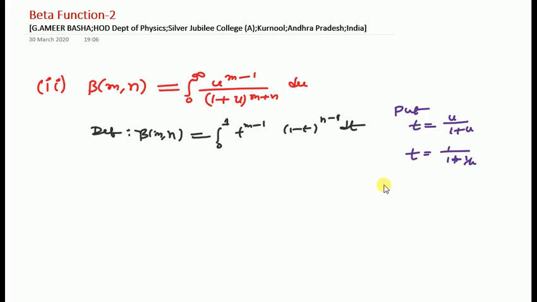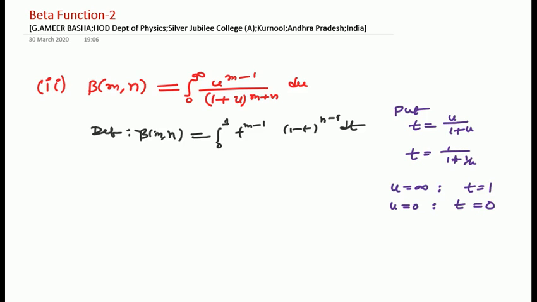Then 1 by infinity is 0, so 1 plus 0 is 1. So t will be 1. Let us substitute u equal to 0. Then 1 by 0 is infinity, 1 plus infinity, and 1 by infinity will be 0. So t is equal to 0. This is the important thing here.